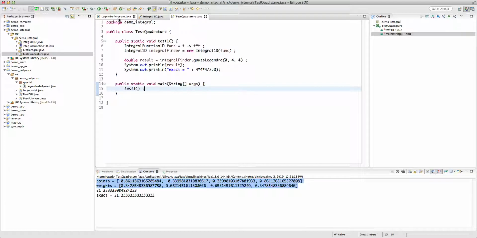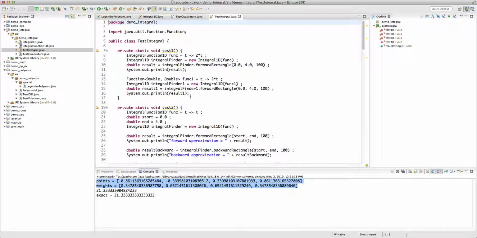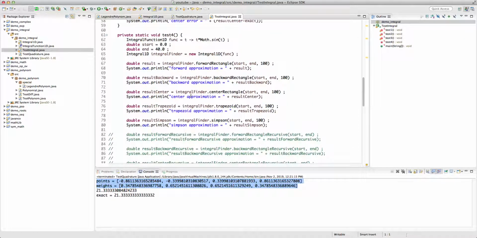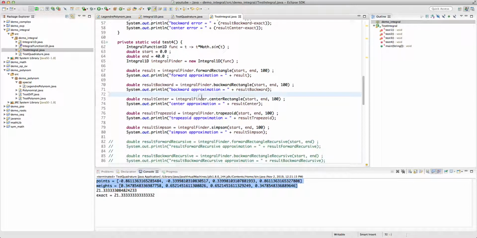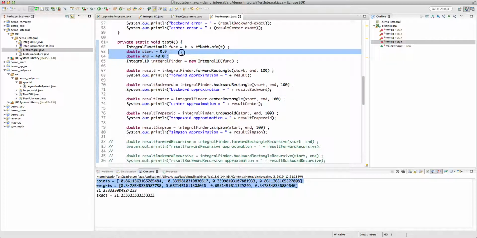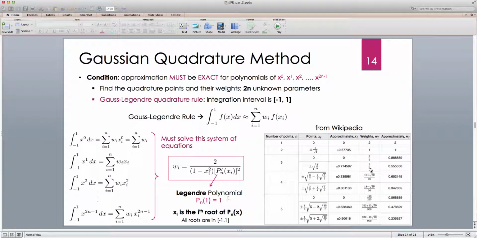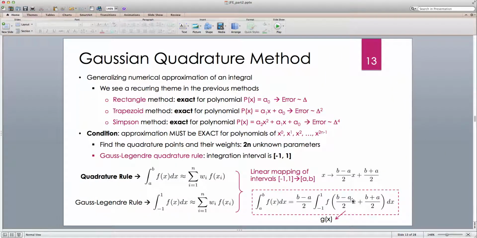Now if you recall, when we were testing the integration, the problem is that if the interval is very large, let's say from 0 to 40, the error of the Gauss quadrature scales up because of this scaling factor b minus a over 2 and the mapping from ab to minus 1 to 1.